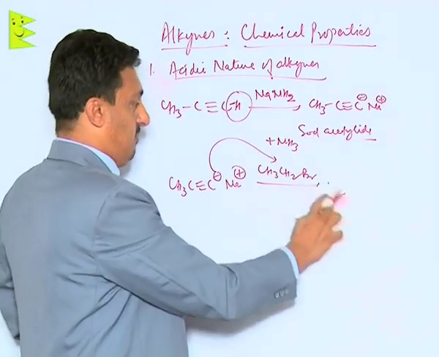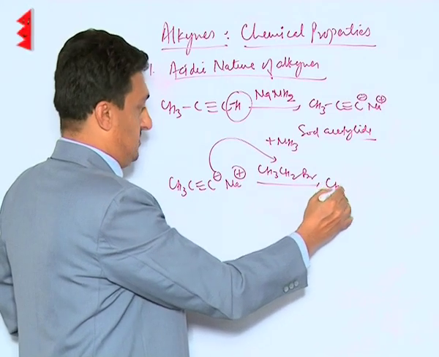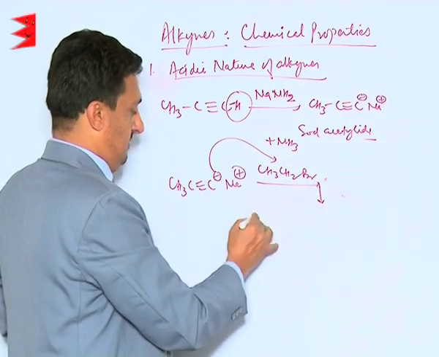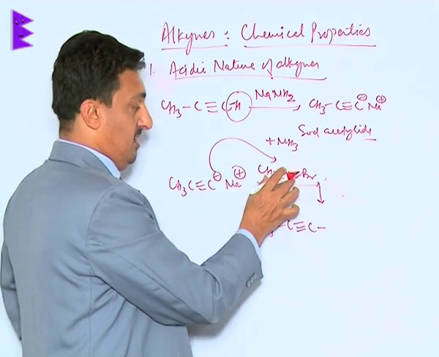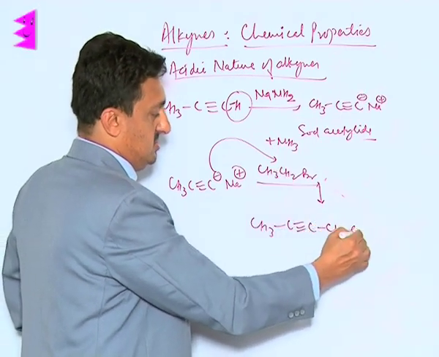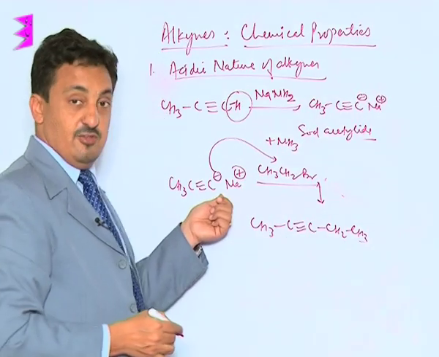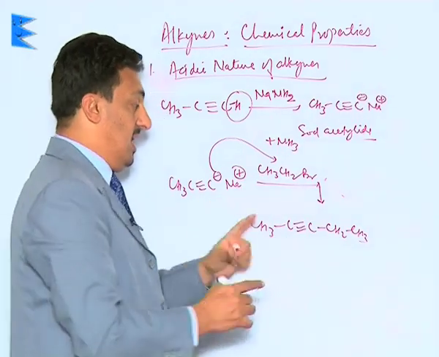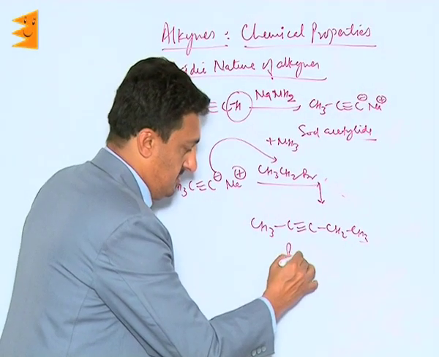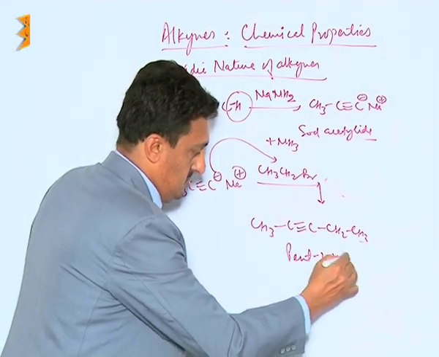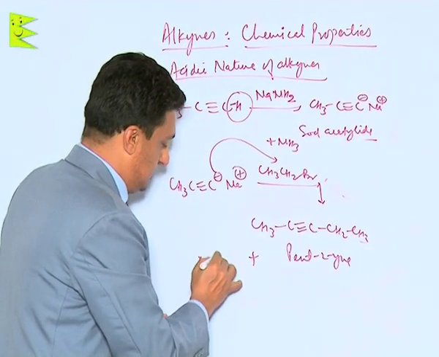And the product obtained out of this, let me write down here, will be CH3C triple bond, and this carbon chain of the alkyl halide gets attached to this in place of this hydrogen or sodium. So what we get is a higher alkyne, which is your pent-2-yne, plus of course we get NaBr.